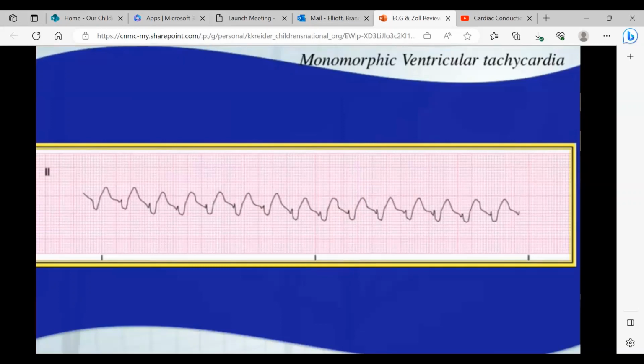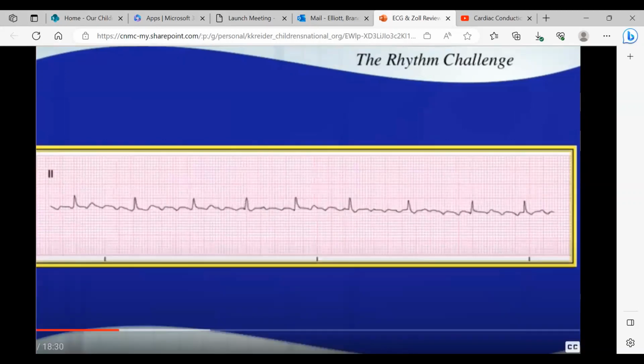All right, so my next participant, if anybody wants to chat in or see what they say about this rhythm, as far as regular or irregular, and what rate. Is that me?